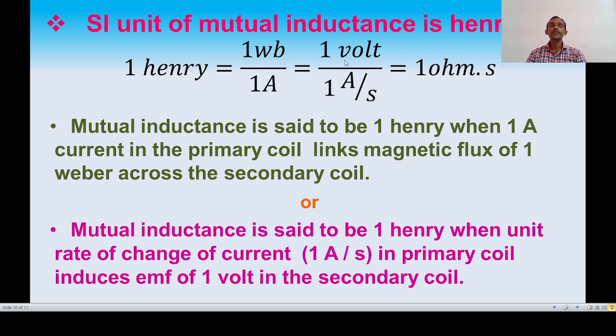These are the two definitions of 1 Henry: 1 Weber per 1 ampere, or 1 volt per rate of change of current of 1 ampere per second.